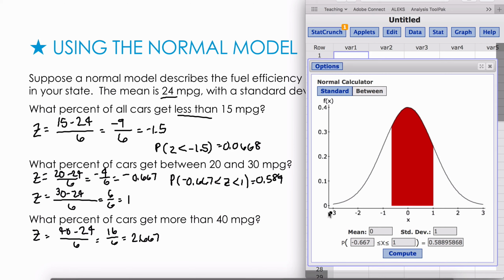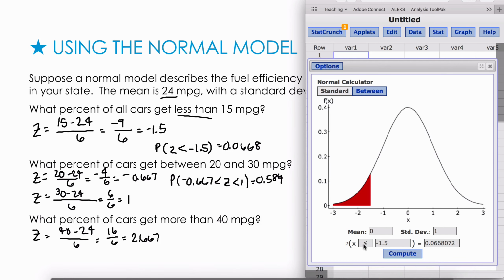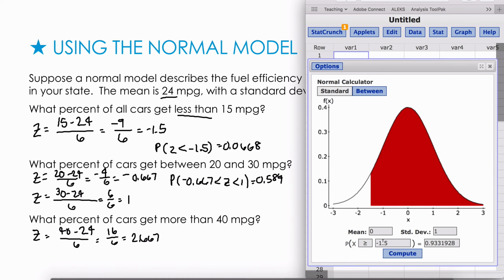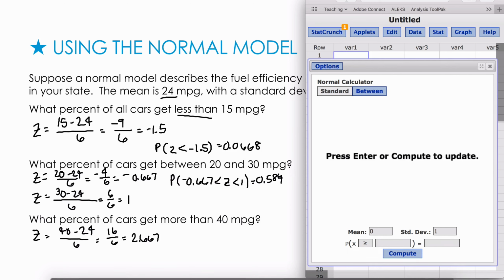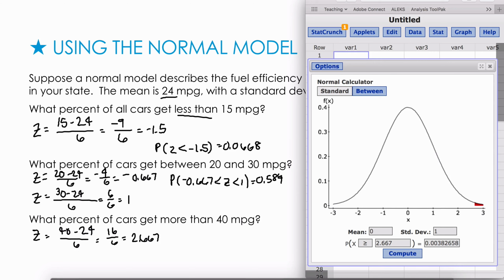So again, over here, I'm going to go back to standard because it's no longer between, and I'm looking for greater than 2.667, which gives me a small value of 0.0038.